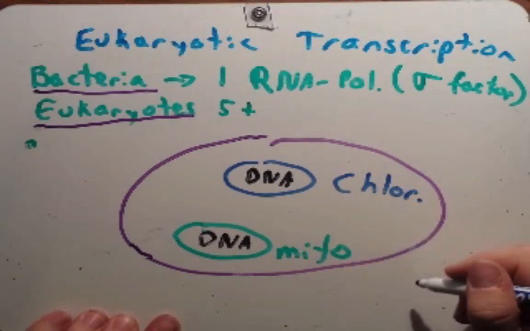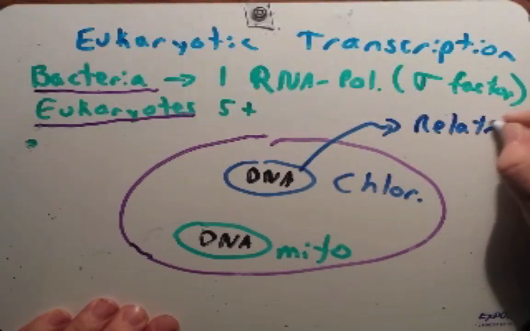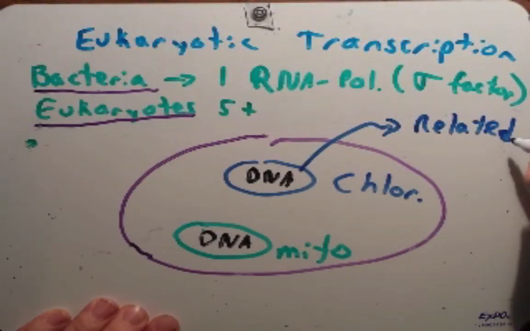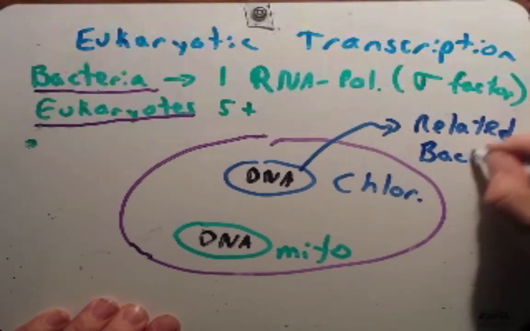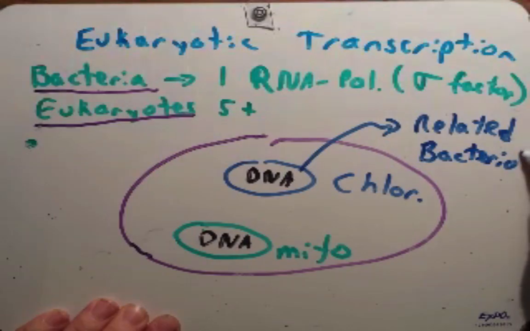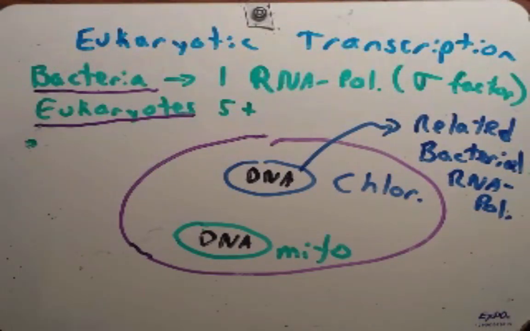Interestingly, the chloroplast one is related structurally, functionally, and by sequence to a bacterial RNA polymerase. It's maintained that one ever since it was taken up into a eukaryotic cell.